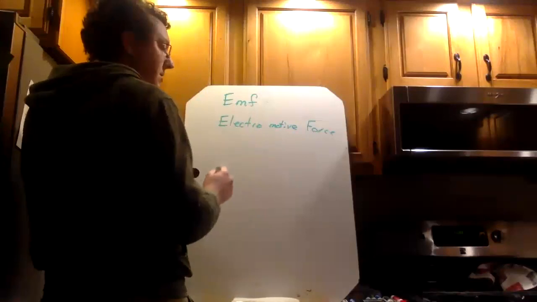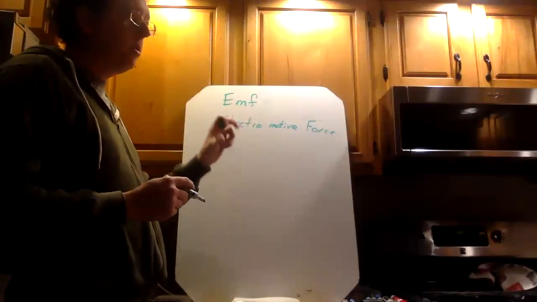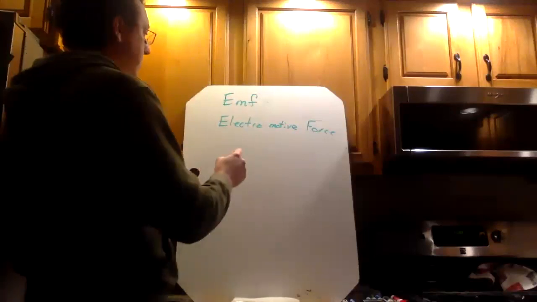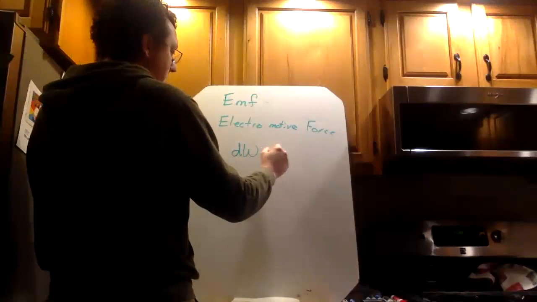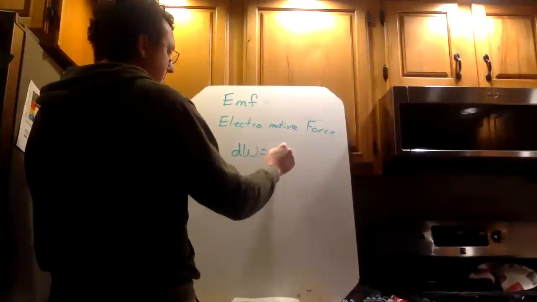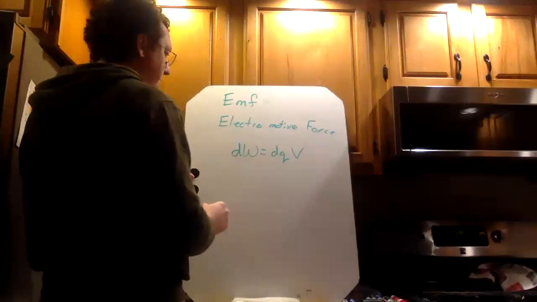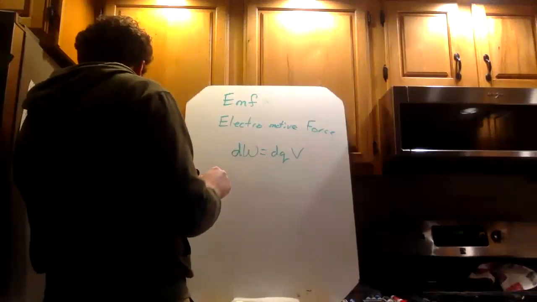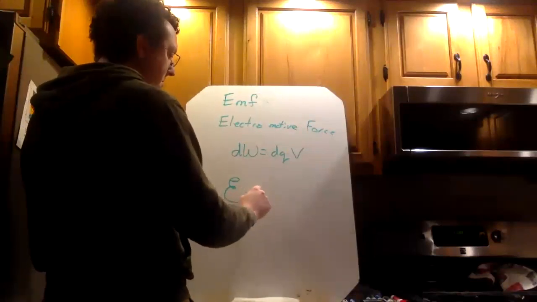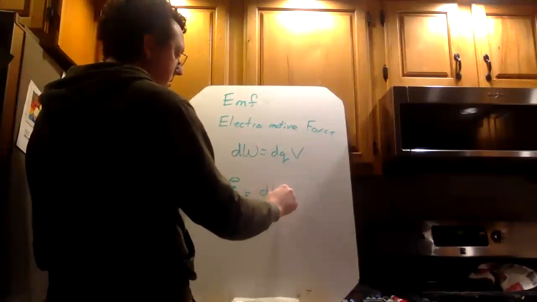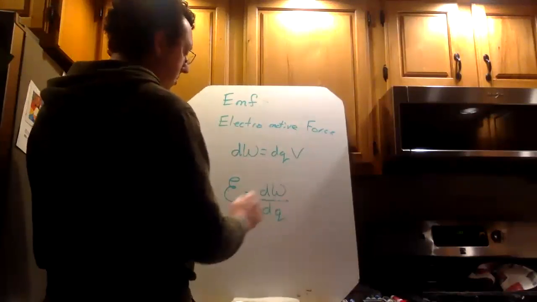It turns out it's actually the work per unit charge. So remember, we're saying that dW is dQ times the potential difference, but more precisely, what we call the EMF is defined as the work done on a charge per unit charge.